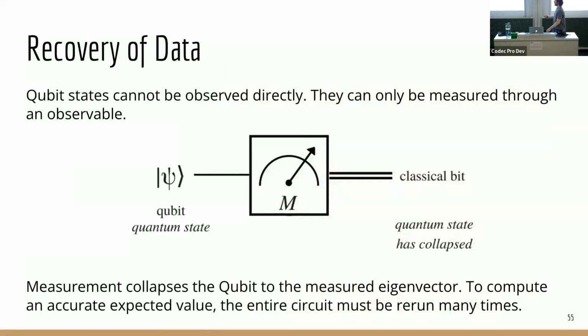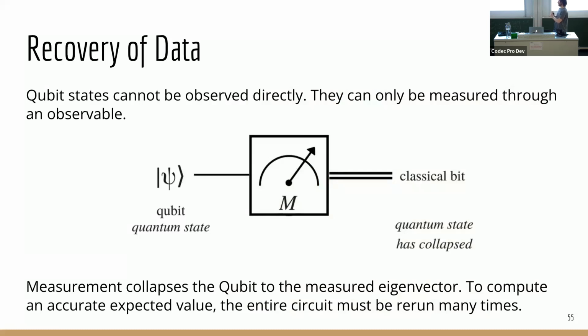And finally, we need some way to recover this modified data. And this is a bit challenging because we can't observe the modified data directly. Instead, we have to make a measurement using this observable matrix. And this measurement will collapse the qubit.